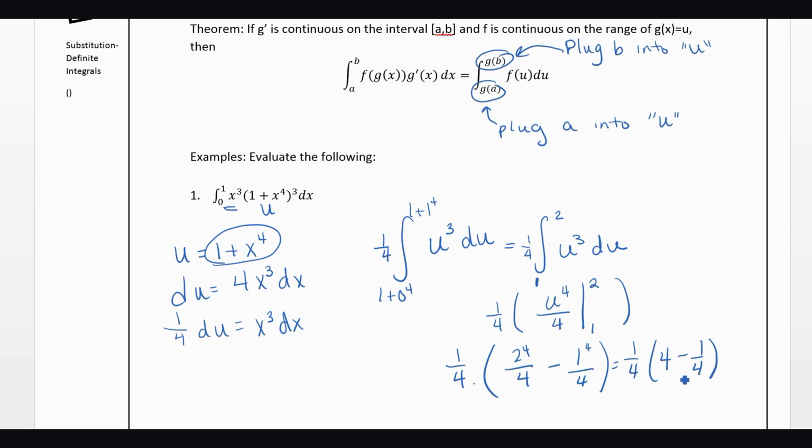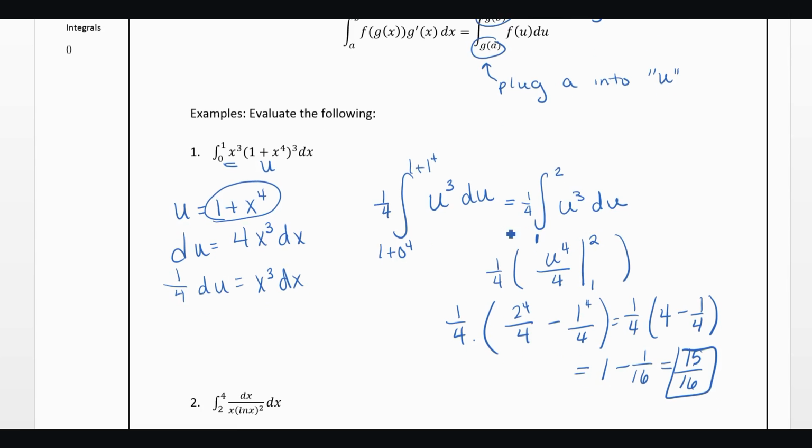Now we could distribute: 1/4 times 4 would be 1, minus 1/4 times 1/4, which is 1/16. So 1 minus 1/16 would be 15/16. That would be the value for our integral. Notice, once you change the limits, you can do everything in terms of u. You no longer have to go back to x like you did with indefinite integrals.